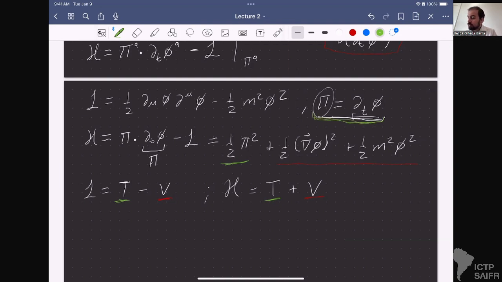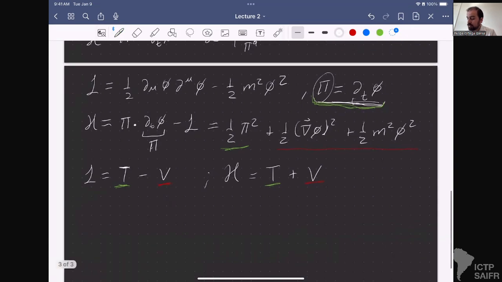And that's going to be useful to remember in the sense that the interactions in our theories are normally going to appear in the potential part. So this is the potential part of the theory.